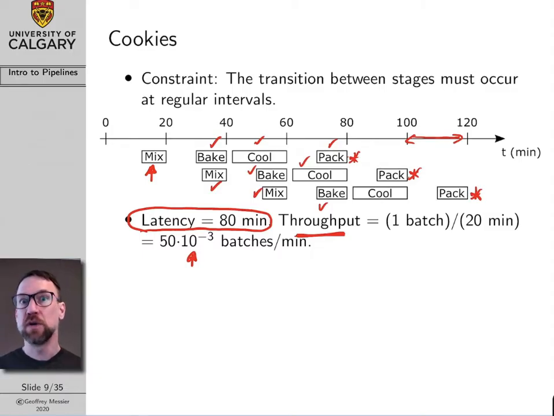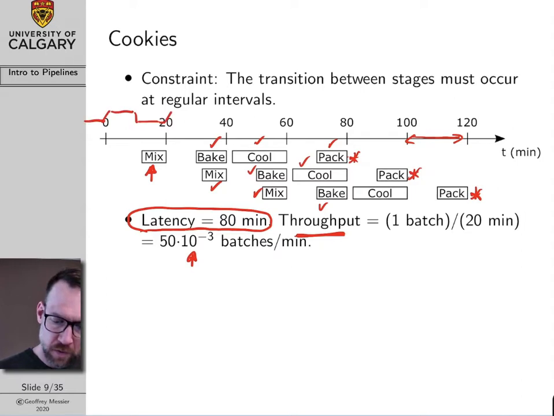And we're making billions of batches of cookies, right? All at the same time. And so throughput is really the most important metric. And it's important, again, to note that if we want to think of this in terms of a clock, our clock now looks like this, right? So the rising edges of our clock mark the transition between stages.